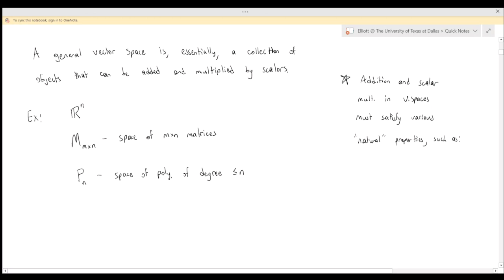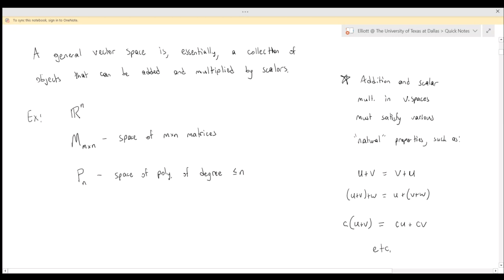Right, such as, for instance, addition of vectors should be commutative, so that u plus v should be v plus u. Should also be associative, so (u plus v) plus w should be the same as u plus (v plus w). It should be distributive, so if you have a scalar times the sum, you should be able to distribute the scalar into the parentheses like that.